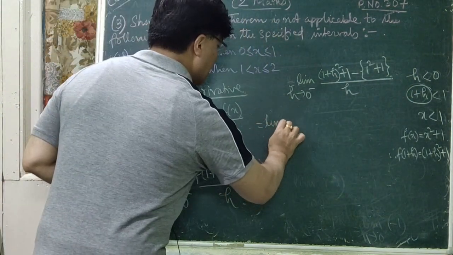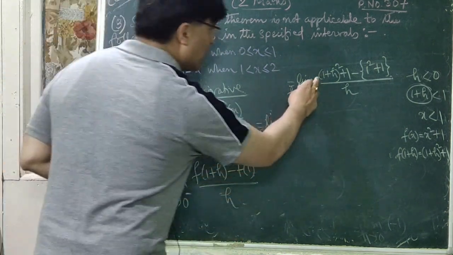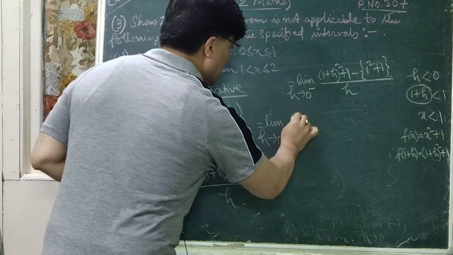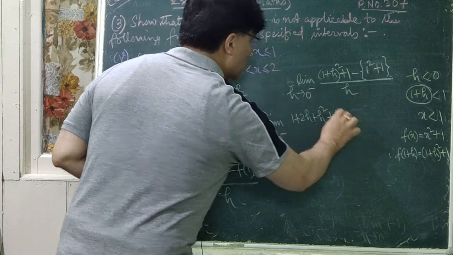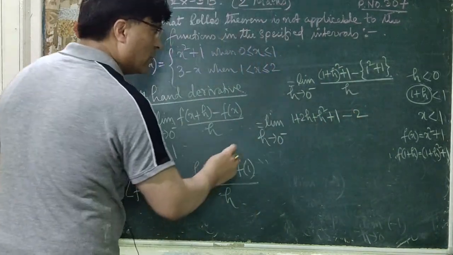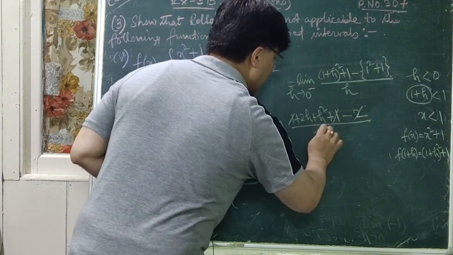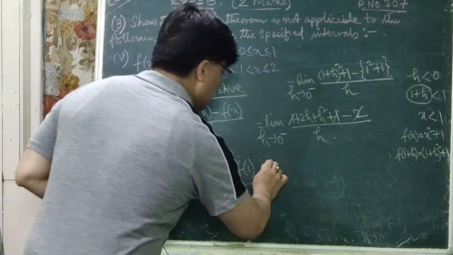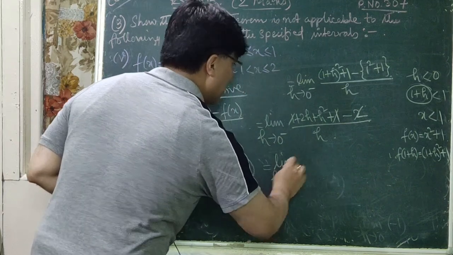Now let us simplify it. So which is equal to limit h tends to 0 minus. So what is 1 plus h whole square? 1 plus 2h plus h square plus 1 is out there. So minus 1 square plus 1 is 2. So here we can cancel plus 1 plus 1 plus 2 minus 2 gets cancels divided by h. Okay. So is equal to limit h tends to 0 minus.